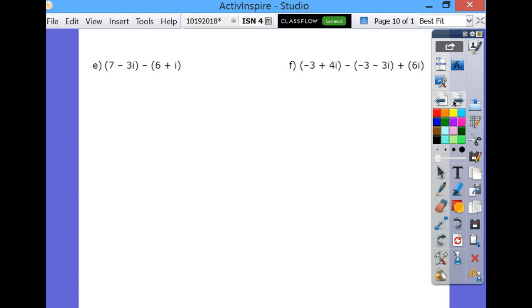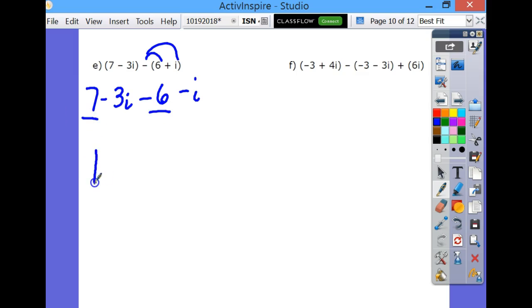All you do is what you've already learned. Combine like terms. If you have a subtraction problem, you have to distribute the negative and then combine like terms. This would make a positive 1. This would make a negative 4i.